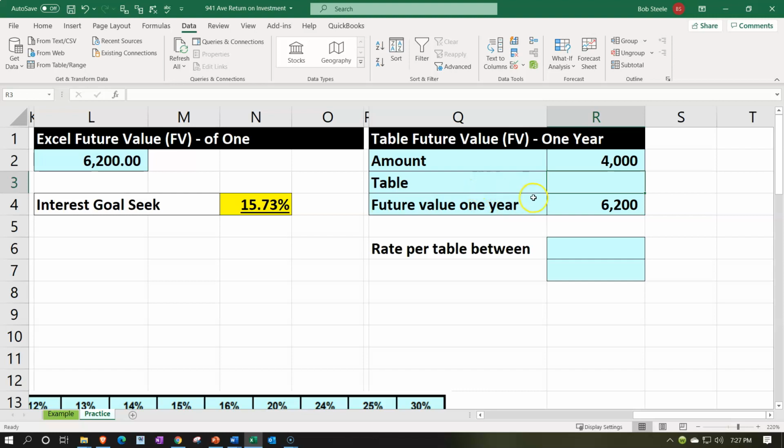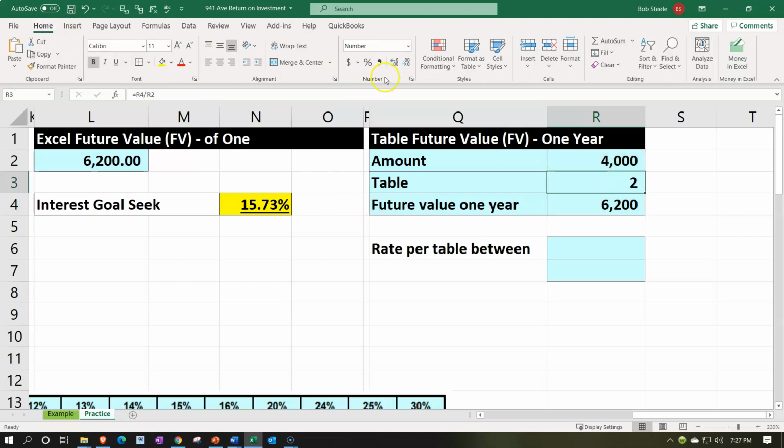So this amount that we would normally get from the table, we're going to calculate. I'm going to calculate that amount, which is going to be the 6,200 divided by the 4,000. Adding a couple decimals, home tab, numbers, couple decimals. Let's add like 4 decimals.